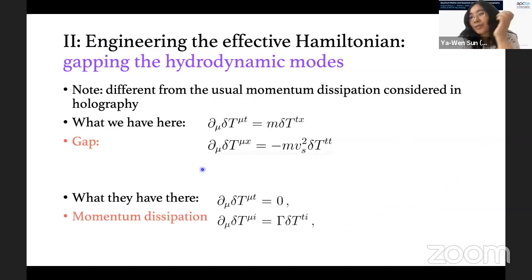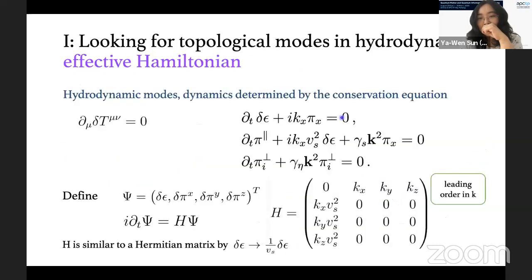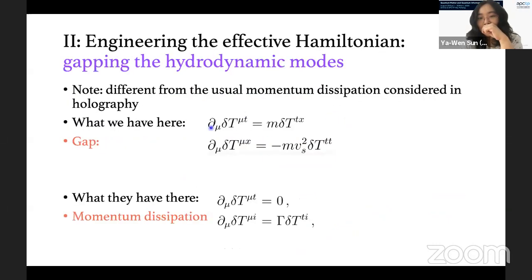So they introduced non-conservation, but that is different from what we have here. If we write it out in terms of these equations, we will find the equation is modified in this way. The y and z directions are still conserved, but the energy density and the x direction momentum are not conserved. And the non-conservation is proportional to each other, with an opposite sign here.